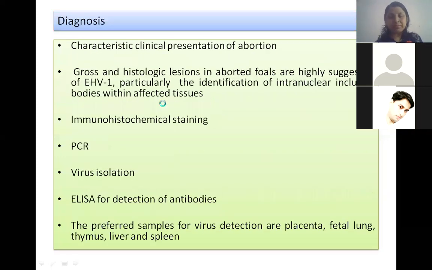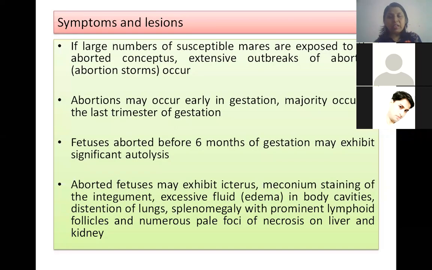Generally, abortion occurs in the last trimester, but abortion may occur in early gestation also. If the abortion occurs before 6 months of gestation, then the aborted fetus shows autolysis.